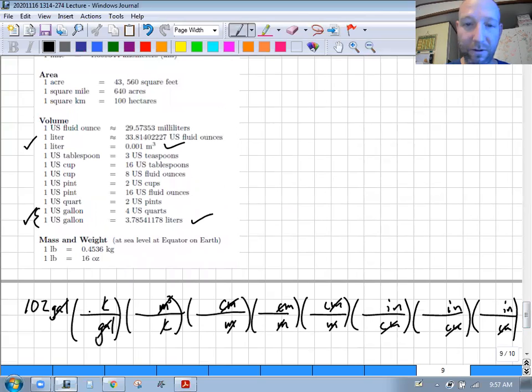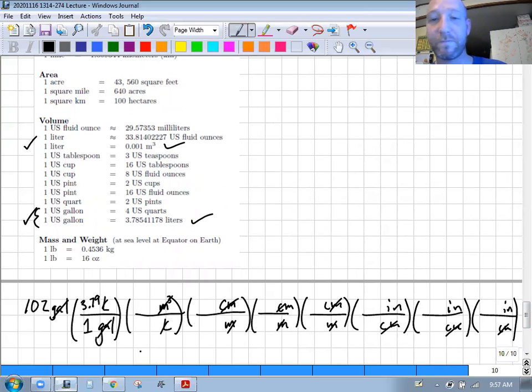Gallons and liters. 1 gallon is 3.79 liters. Up here we have 1 liter is 0.001 meters cubed.